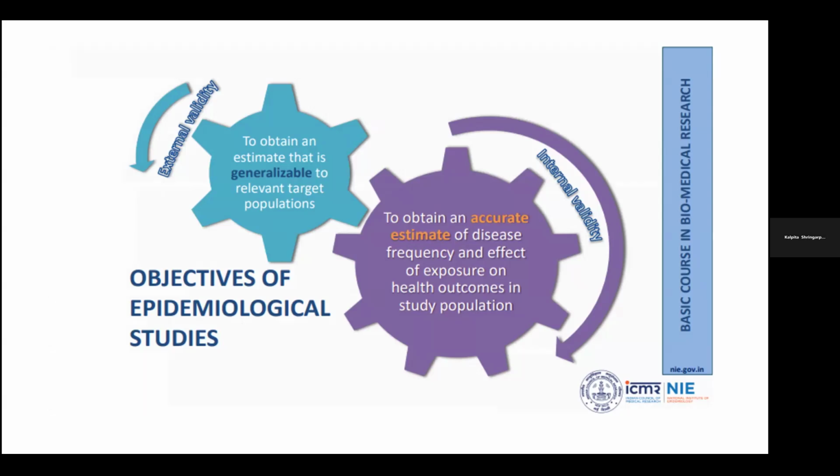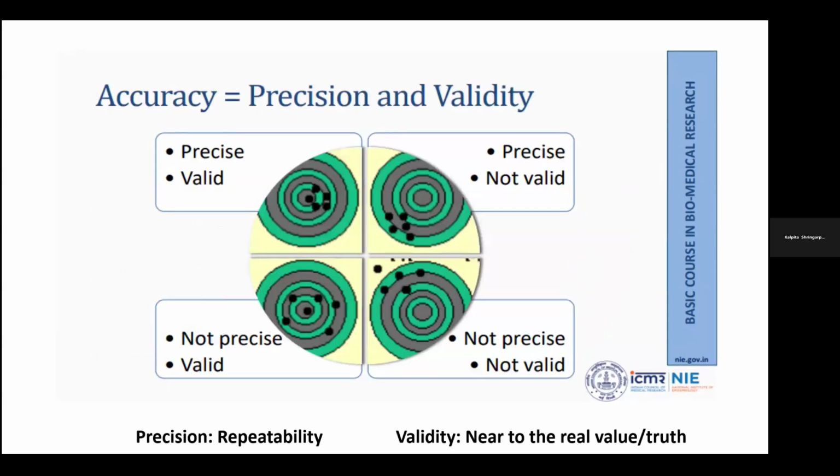Once I get the findings of this sample, or maybe multiple samples, and want to know whether they are generalizable to the target population from where the sample has been taken, that is termed external validity. Validity plus precision together are known as the accuracy of the study findings.